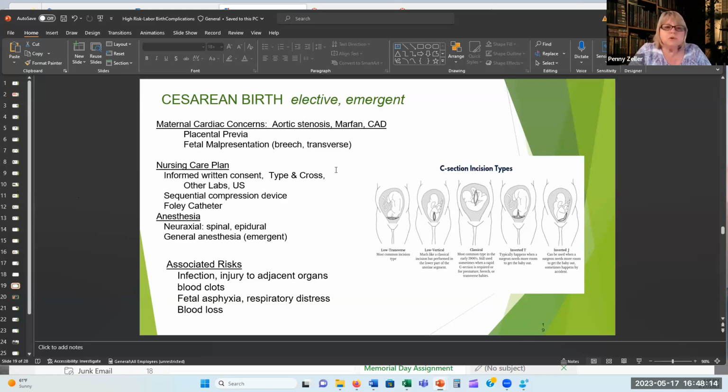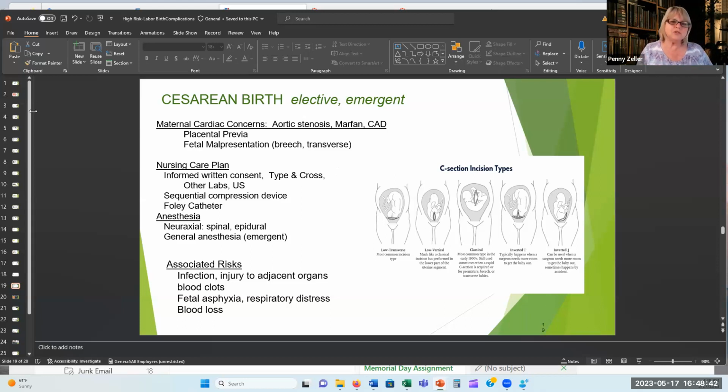So some concerns also is that if there's a cardiac history, if her heart is not going to be able to tolerate labor, we have to weigh the benefits with the risk. It might be more beneficial if we help her through labor with an epidural, control her blood pressure, okay, and her heart rate, so that her heart isn't working too hard.